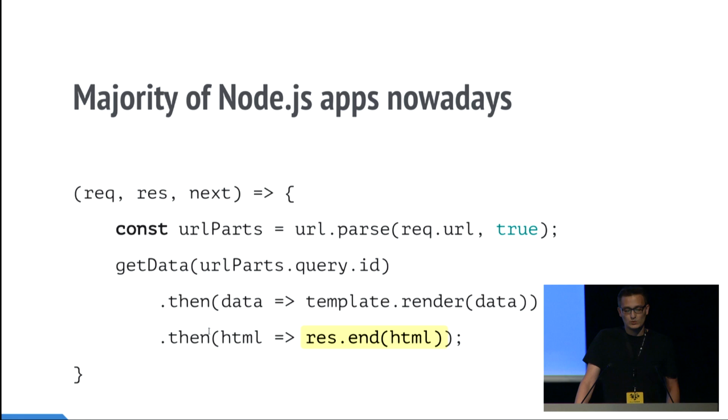In this case, we parse some parameters from the URL. Then we query some data from the database, or maybe a RESTful API from somewhere, doesn't matter. Then we render a template for this data, and then just end the HTTP response with HTML.